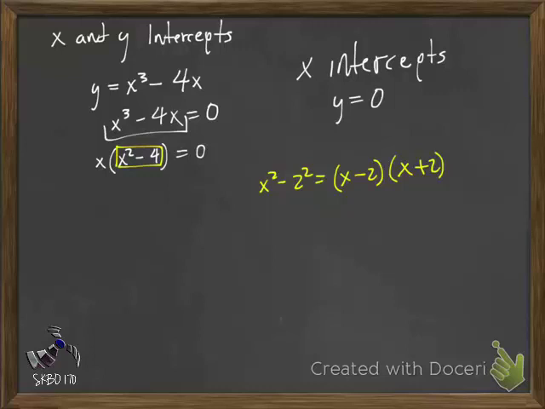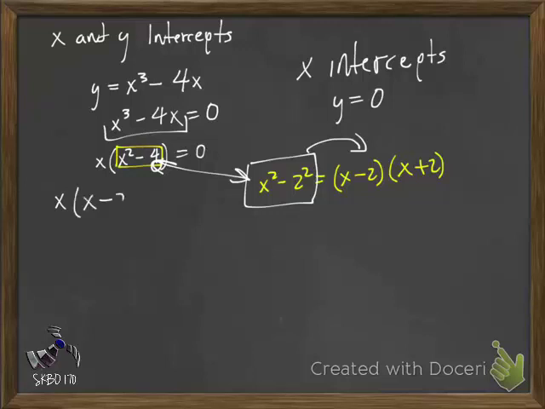So I'm going to rewrite the equation once again: x times (x minus 2) times (x plus 2) equals 0.